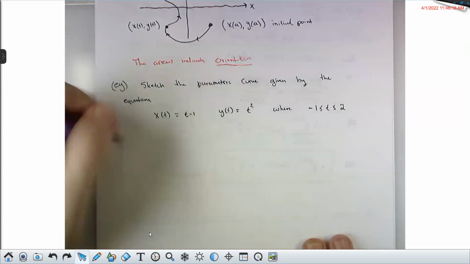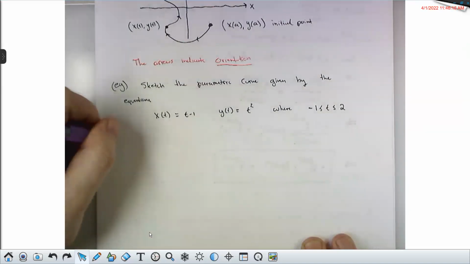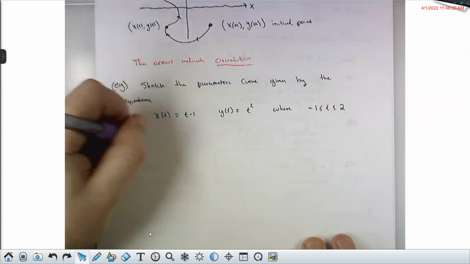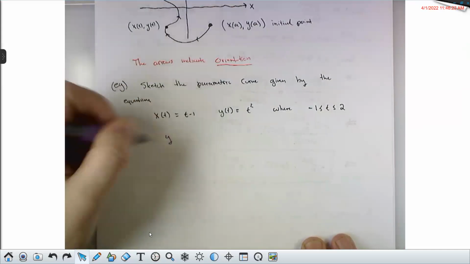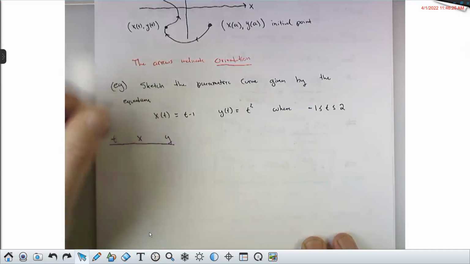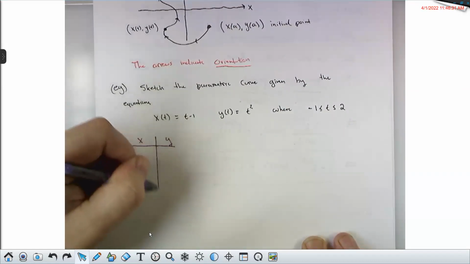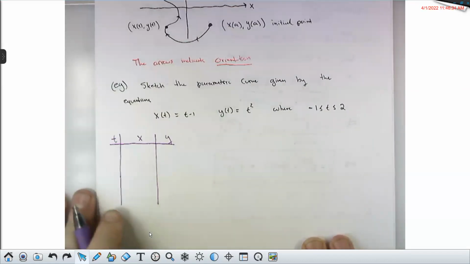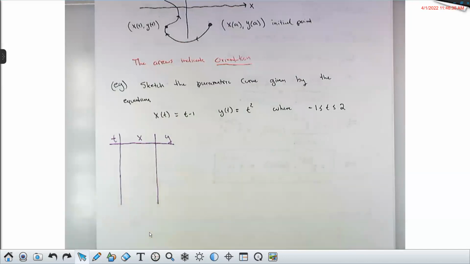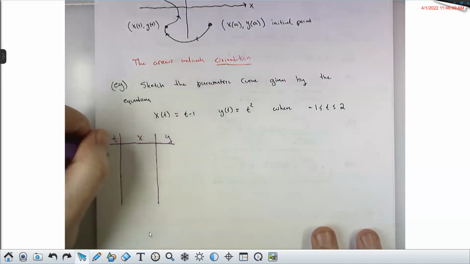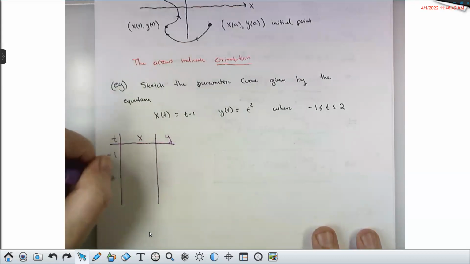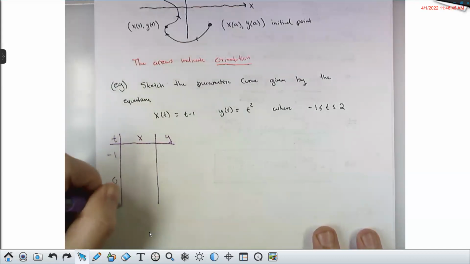I'm going to make my table here with 3 columns. T, X, and Y. T is what we call the independent variable. And here both X and Y are dependent variables. And for T values, I'll put -1, 0, 1, and 2.